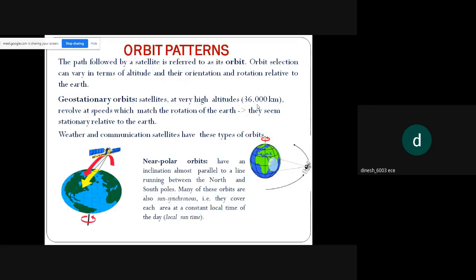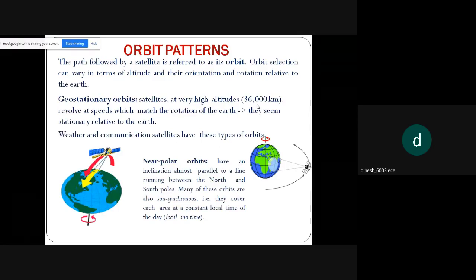So, orbital patterns. As already discussed, the path followed by a satellite is referred to as its orbit. The orbit selection can vary in terms of altitude, orientation and rotation relative to the Earth.